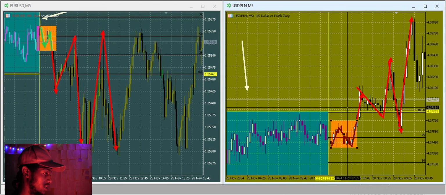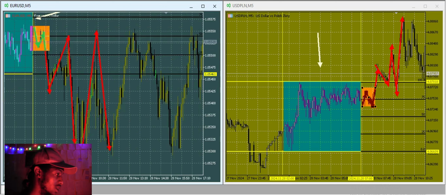So I'd say this is pretty much the basics on how to use correlated pairs, on how to get a daily bias, or to be more specific, the direction of the market you're trading in, if it is a currency pair per se, or if it is a forex related market.